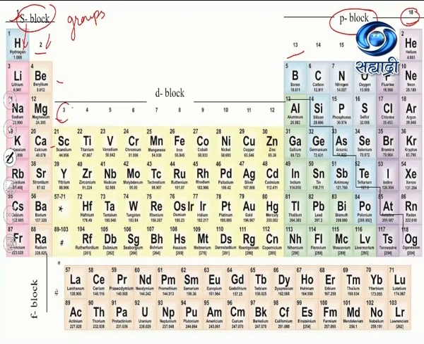Then group 3 to 12 elements are called D block elements. And this is the lanthanide and actinide series, which are called F block elements. So this periodic table is divided into 4 blocks, 18 groups, 7 periods.